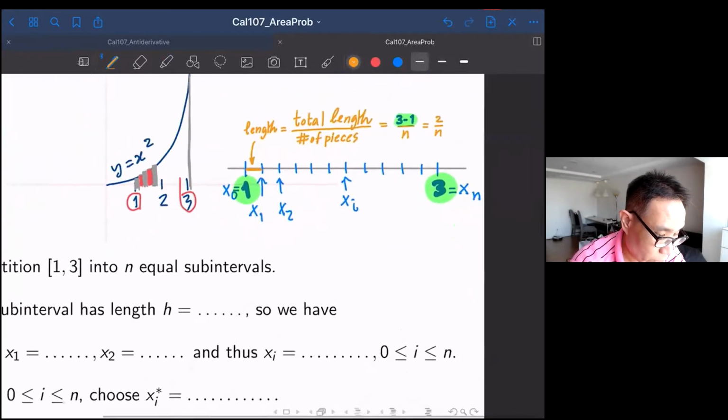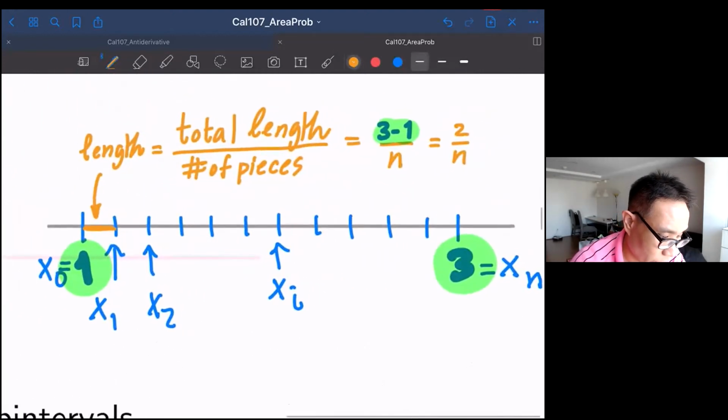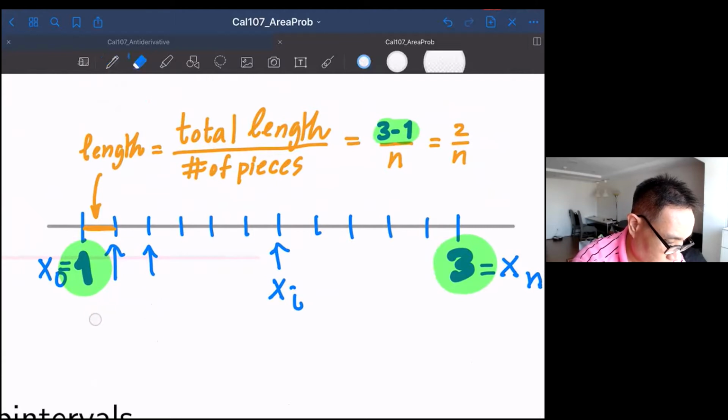And then you're going to be able to determine x1, x2, and so on. So you have the length here equal to 2 over n. So x1 will be what? In this case, x1, let me write here.